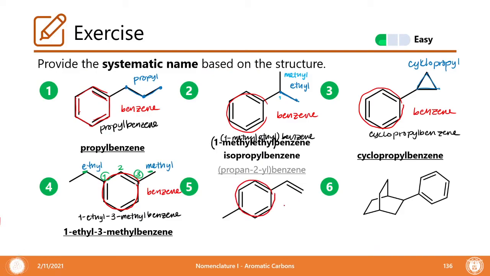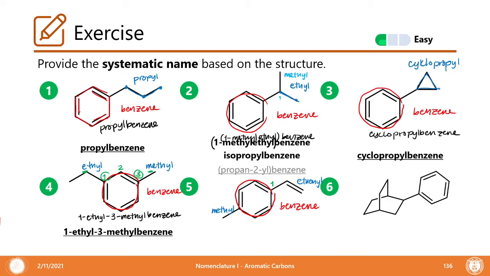We have benzene. We have a methyl group here. And we have here an ethenyl group. Now when we number, we base it on alphabetization again.